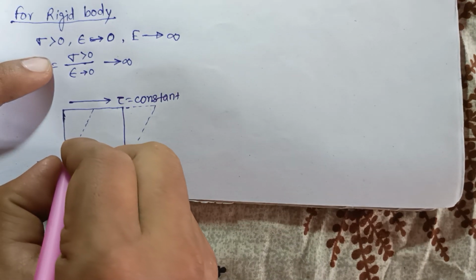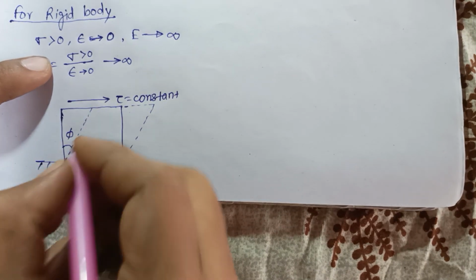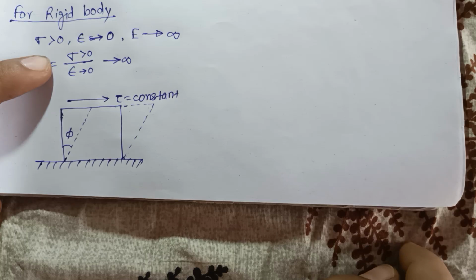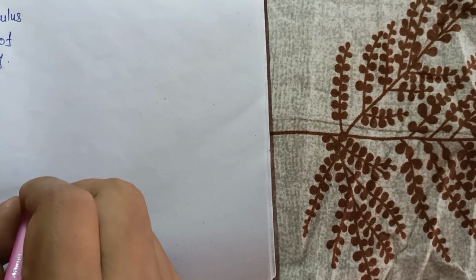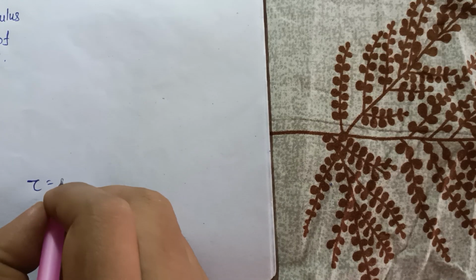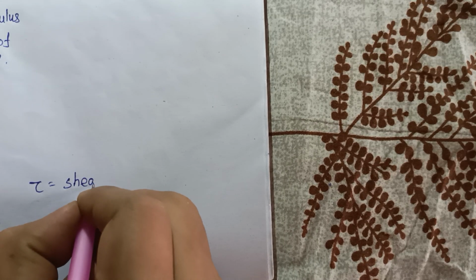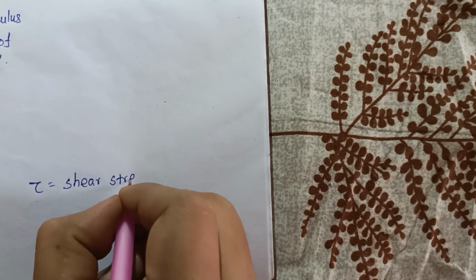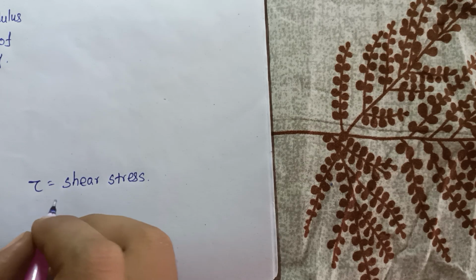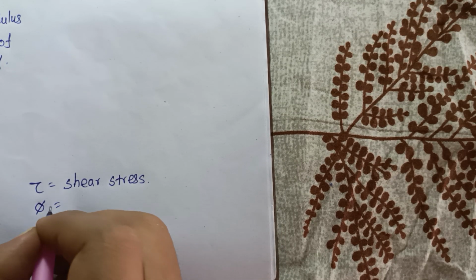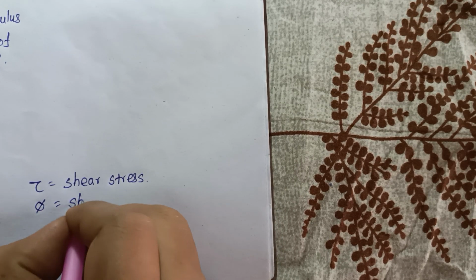So phi is the shear strain, tau is the shear stress and phi is the shear strain.